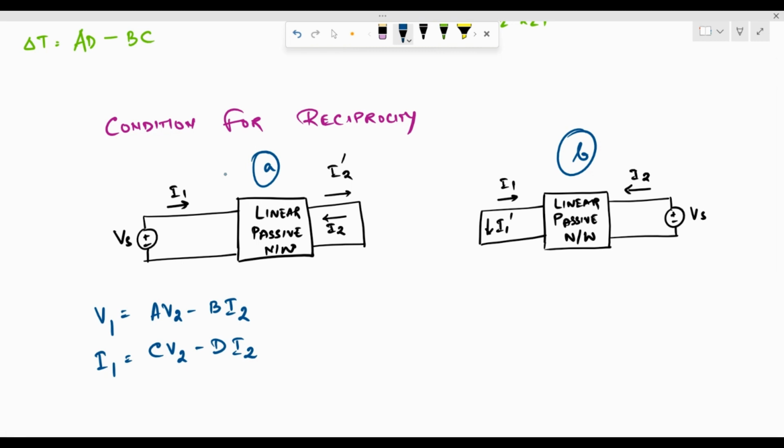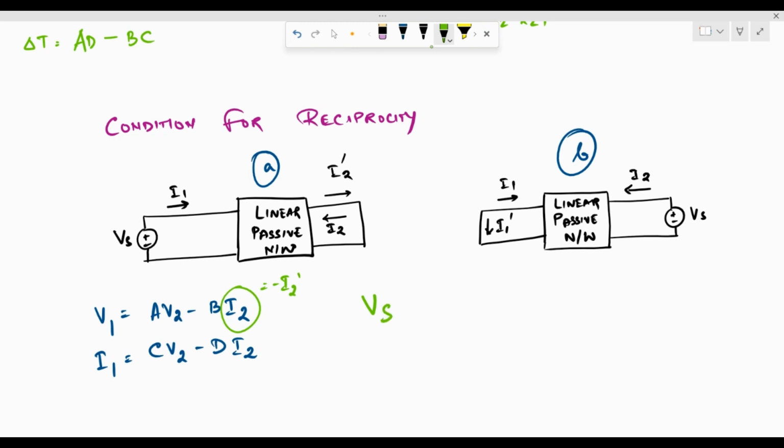So looking at this circuit, we see that V2 is 0, and I2 is actually minus I2 dash. So we can replace V2 with 0, and what we get here is V1, which is nothing but Vs, the forced voltage or the voltage source which we've connected to port 1.